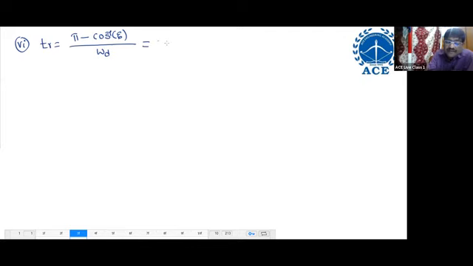Just substitute: pi minus cos inverse of zeta, divided by omega d.